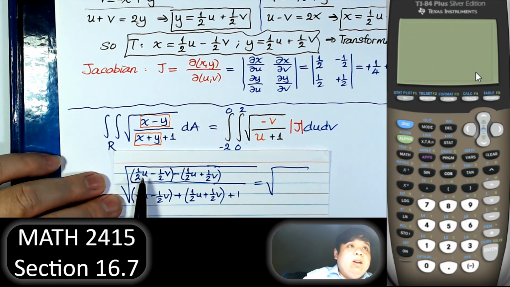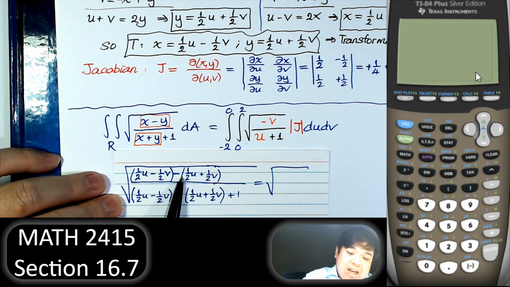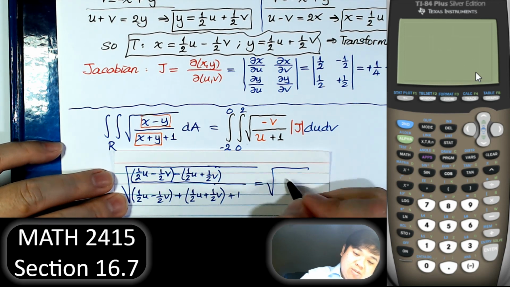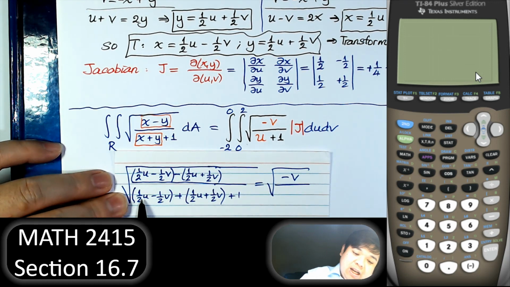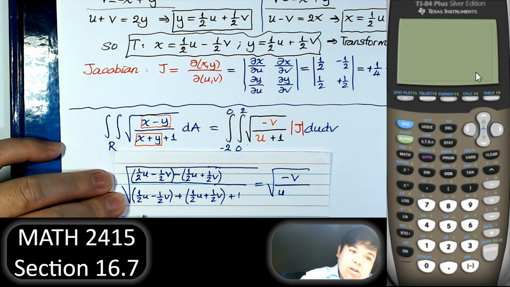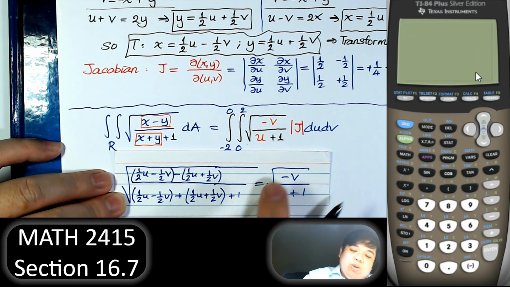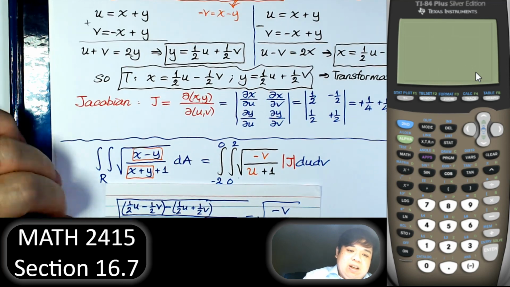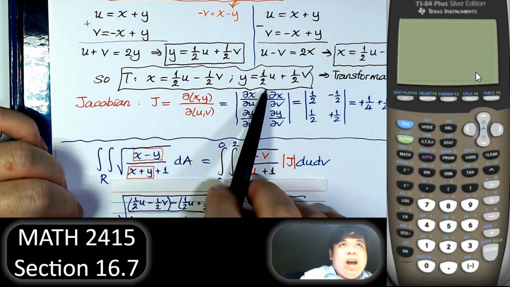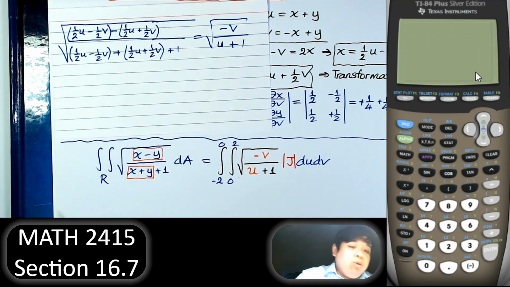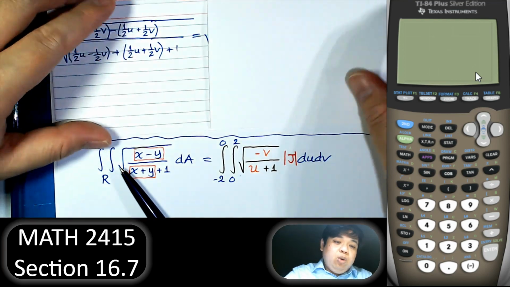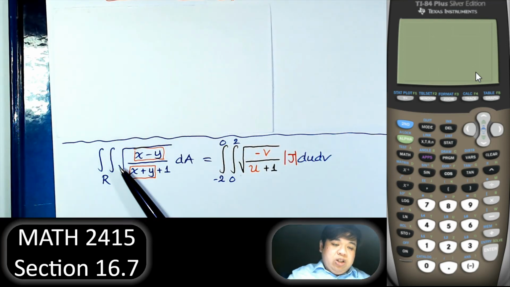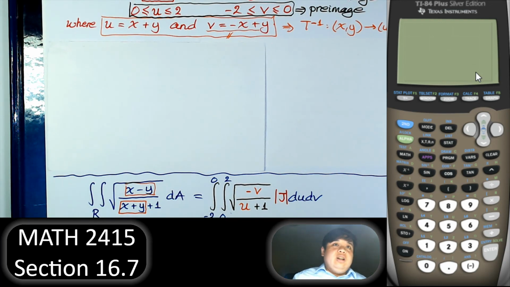Simplified, 1/2 u minus 1/2 u cancels, minus and minus gives minus v, and 1/2 and 1/2 give us a u, plus 1. So exactly what we have here. Sometimes it's nice to have the transformation, but even without it, we still are able to use the change of variables theorem.